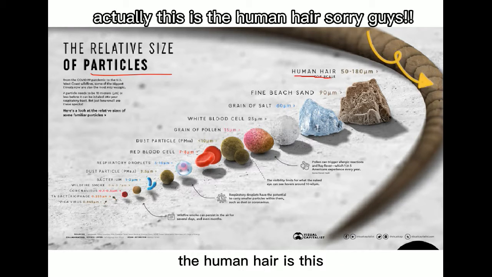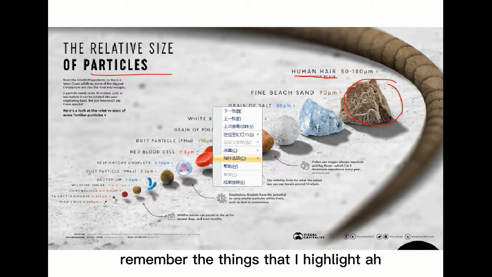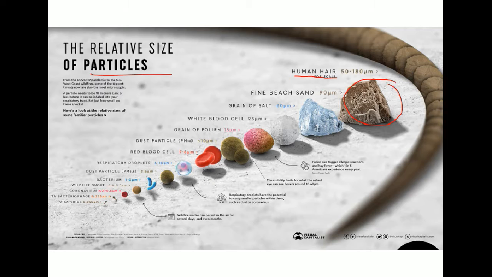The human hair is this, and remember the things that I highlight. White blood cell is here, and red blood cell is here, and the coronavirus, COVID-19, you should remember: white blood cell, red blood cell, and the coronavirus.